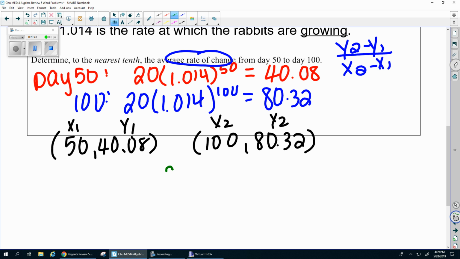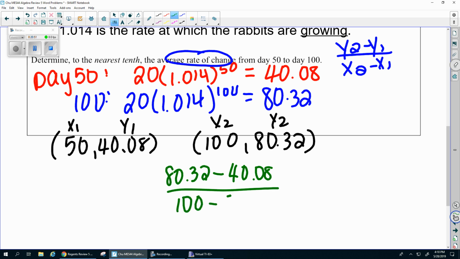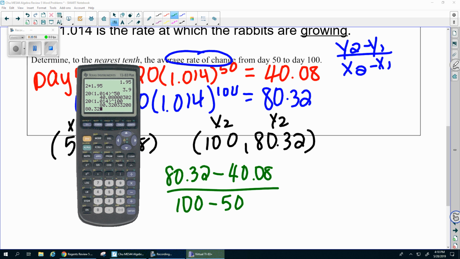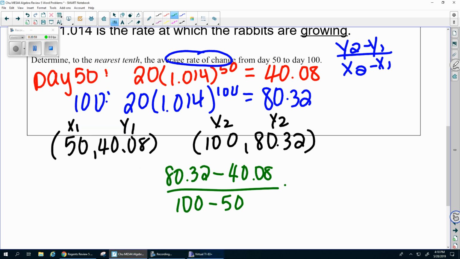So y2 was 80.32 minus y1, 40.08, divided by 100 minus 50. Let's use our calculator. 80.32 minus 40.08. I get 40.24 on top. 100 minus 50 is 50.